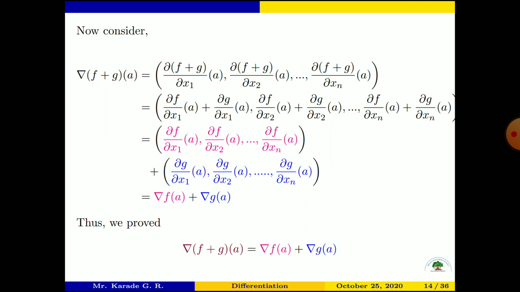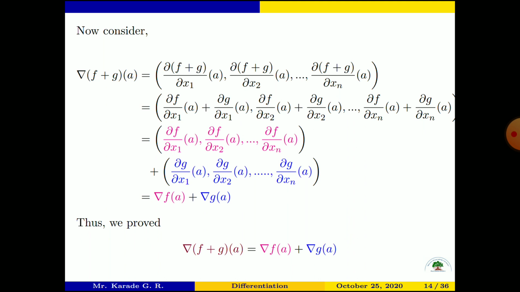Now, as we know that the partial derivative of the addition of two functions is equal to the addition of their derivatives, each component we will split into two partial derivatives. The first component is the addition of the partial derivative of f with respect to x1 plus the partial derivative of g with respect to x1.